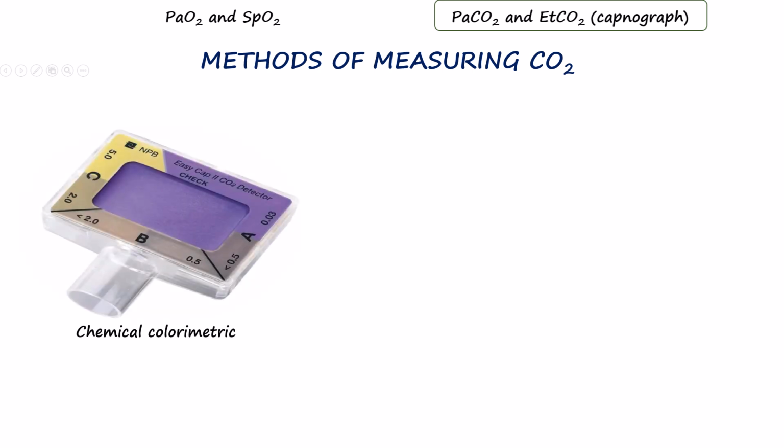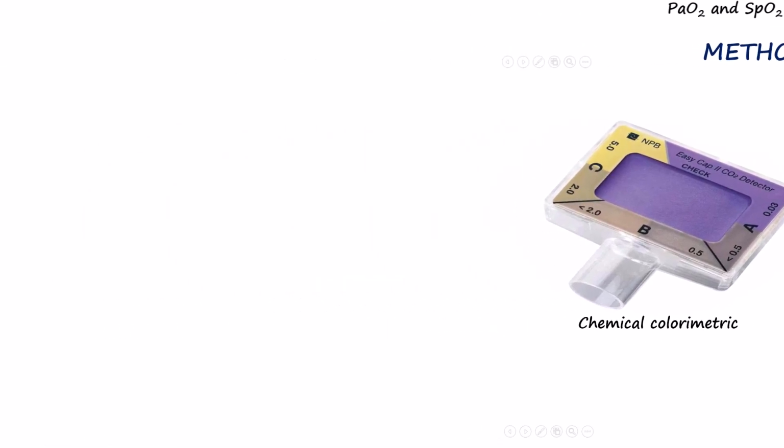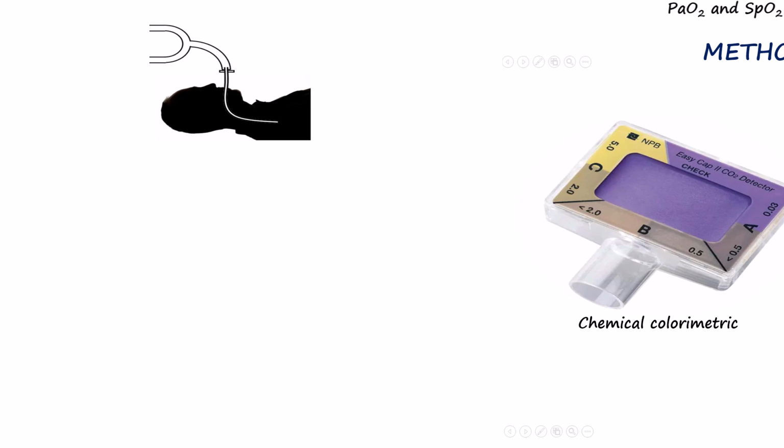Now, there are several methods to measure CO2 levels. The important ones of concern clinically are the chemical colorimetric method and infrared spectrography. The chemical colorimetric method uses a pH-sensitive indicator housed within a device placed between the endotracheal tube and the breathing circuit.